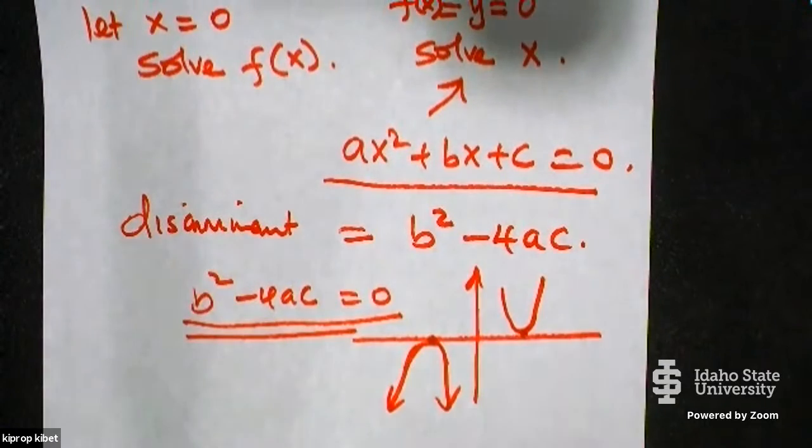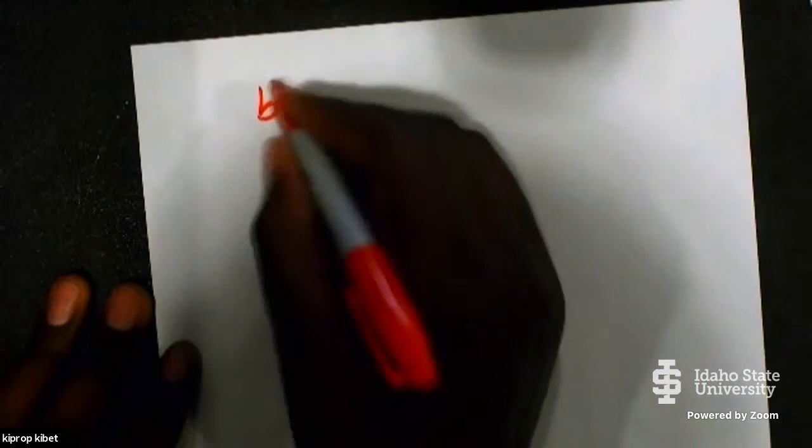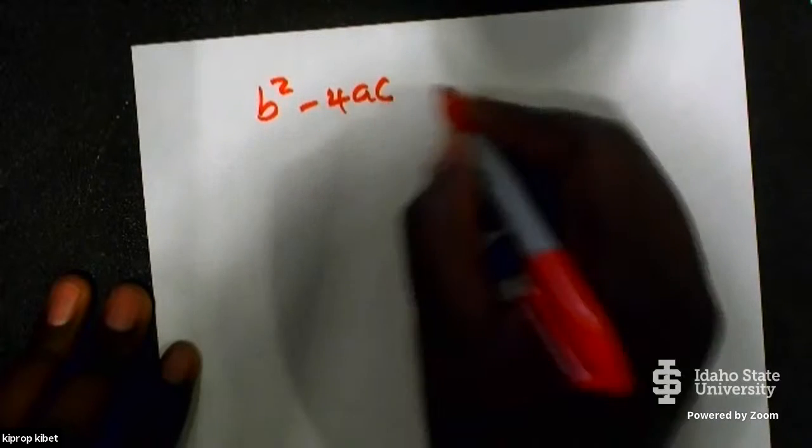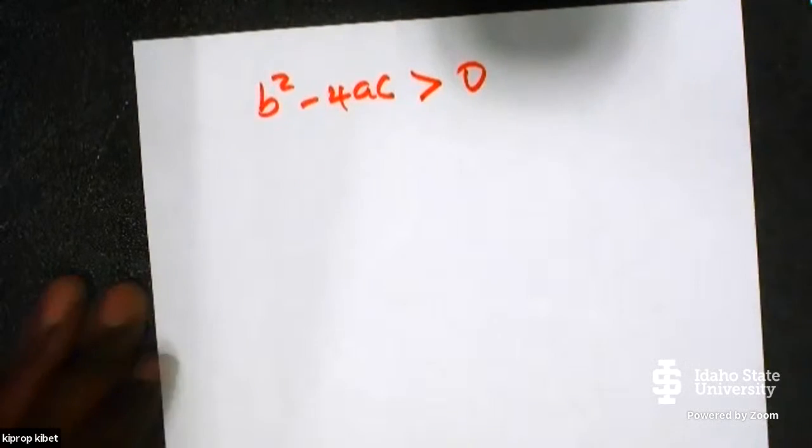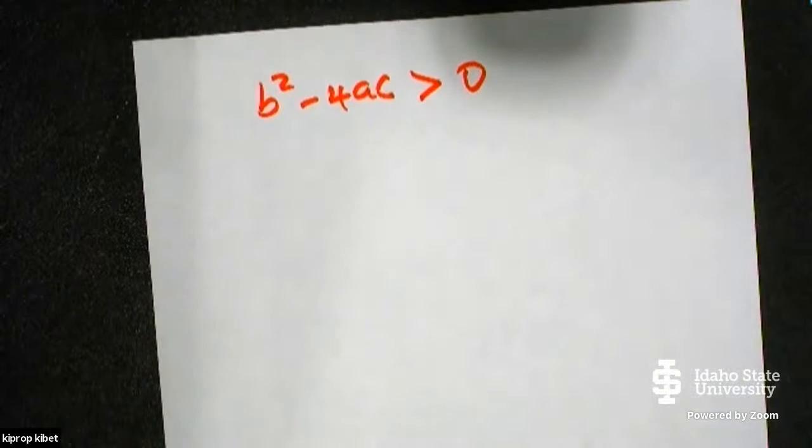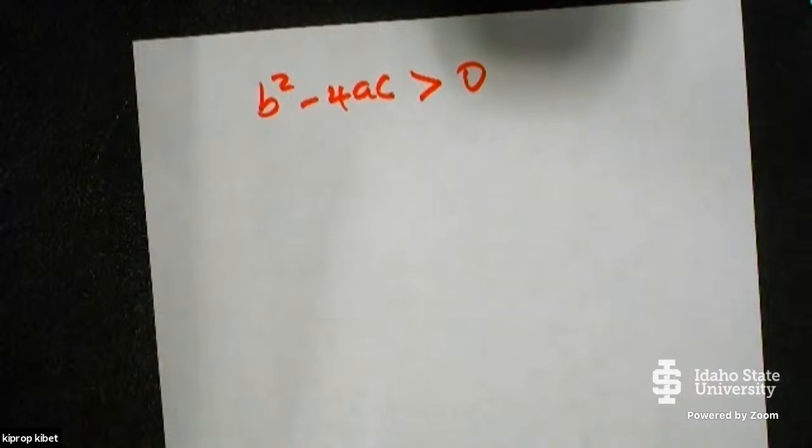Now, if b squared minus 4ac is greater than 0, then we'll get 2 x values.